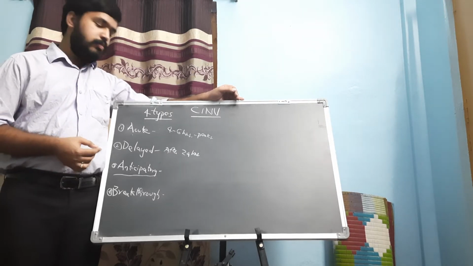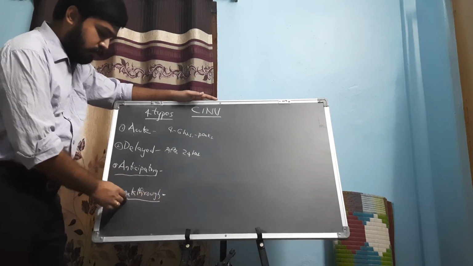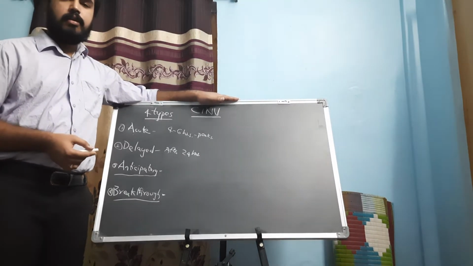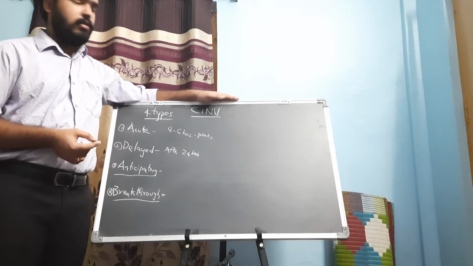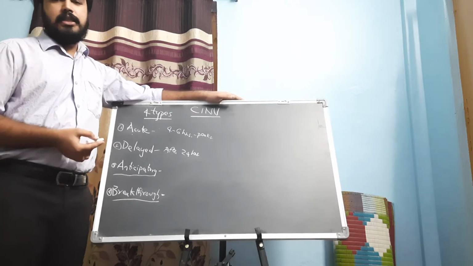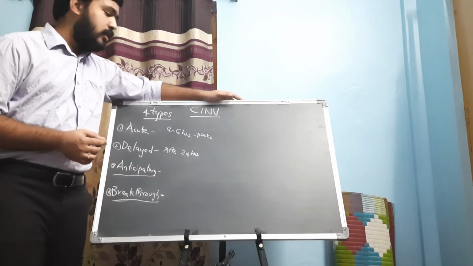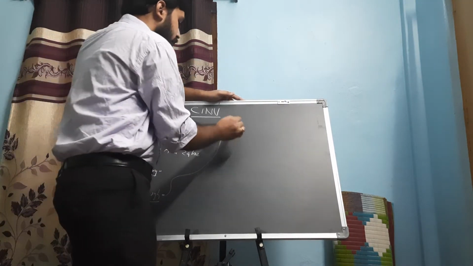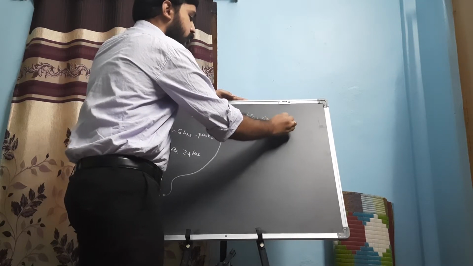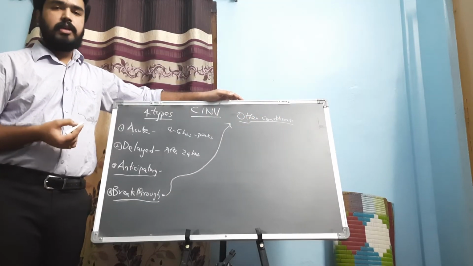Here one can assume that breakthrough or refractory CINV can occur because of other reasons, not by the chemotherapy. There might be other risk factors, other conditions which are predisposing to the breakthrough type of nausea and vomiting. So these other conditions should be ruled out if there is breakthrough emesis.